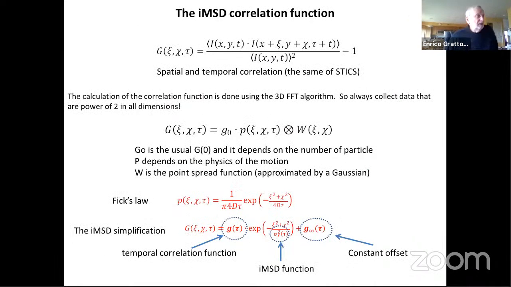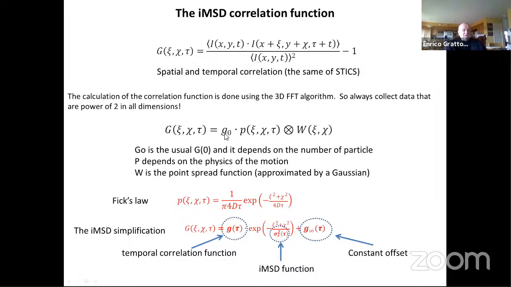So let us see how that appears. The general equation for the IMSD function depends on the coordinates x and y, and the time. So this is the expression that we use. And then we have seen that this expression can be divided in different parts.